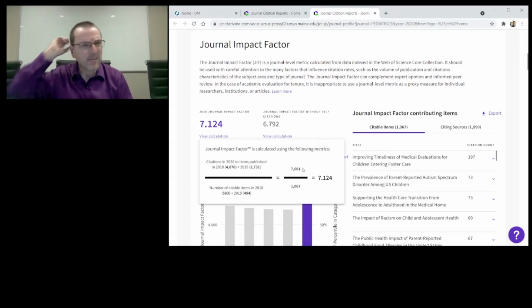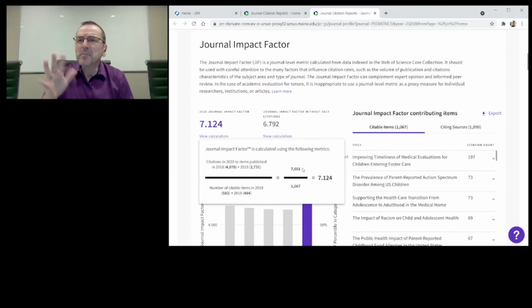Now, you may wonder, what do you mean by citable item? Why not just say papers? Well, that's because sometimes some things are published that really aren't citable. No one's ever going to cite them. An example is journals will sometimes include a brief report at the end of the year thanking everybody who reviewed for them, and they list everybody's name and affiliation.